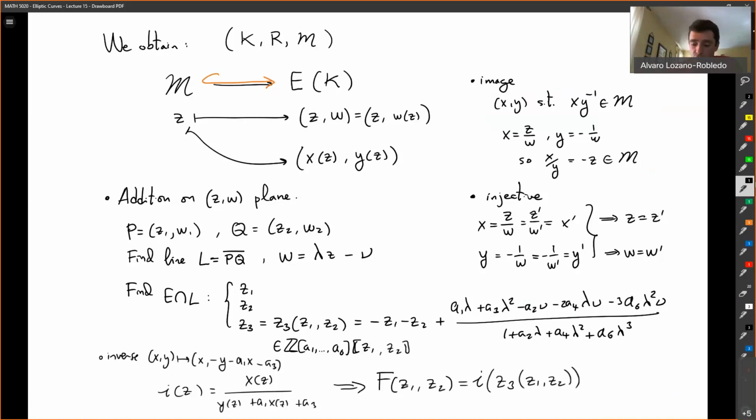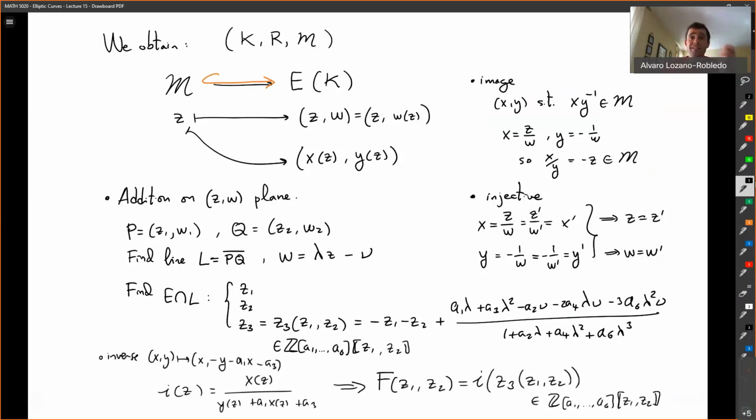Just following all this nightmare of a recipe, you can compute that, and it turns out this is again a power series in two variables, z1 and z2, and it is again a formula for the addition of two points.